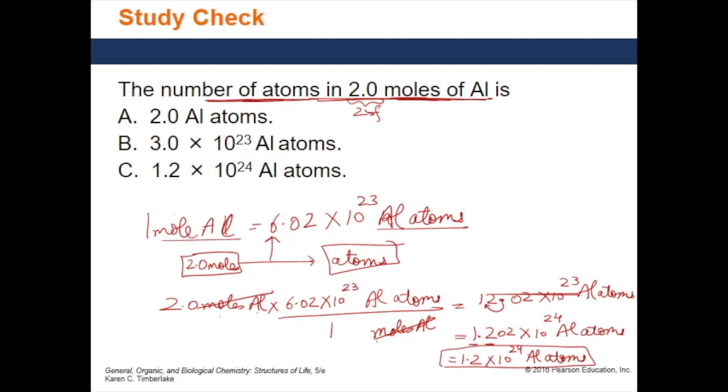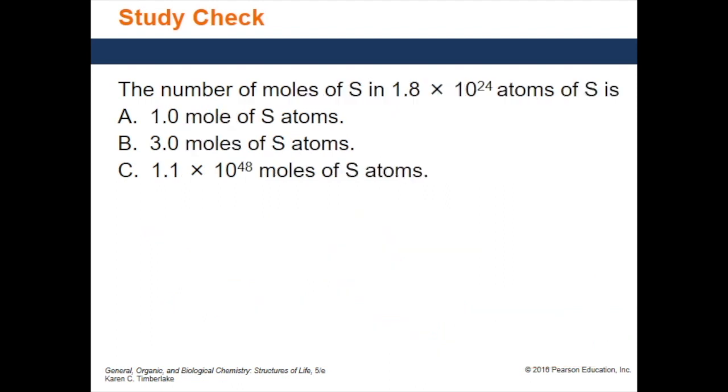Okay, the other question is about the number of moles. The other type of question you can expect is the number of moles of sulfur in these many atoms of sulfur. What is given to us? The question is giving us the number of atoms of sulfur, and it's asking how many moles that is.